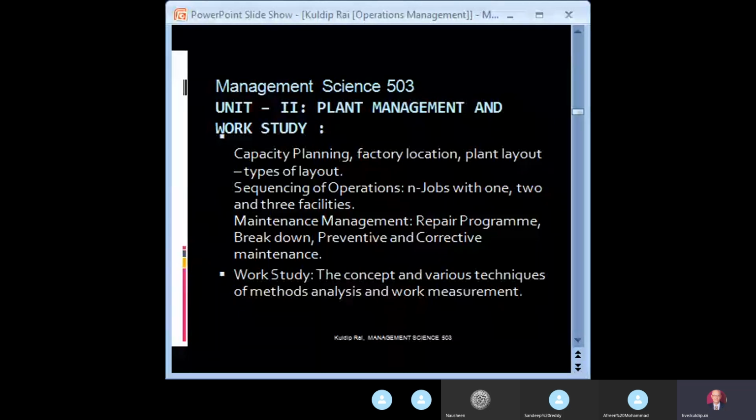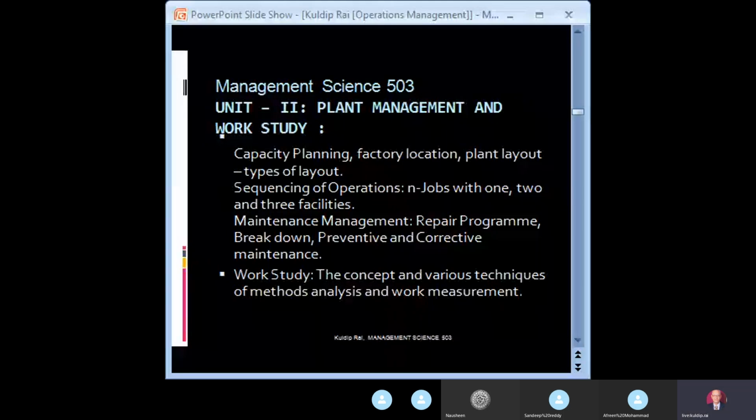Before I move on from this unit, I would like to tell you one more thing. This whole subject of work study, method study or method analysis, and work measurement, they are part of a bigger discipline. That bigger discipline is called industrial engineering.